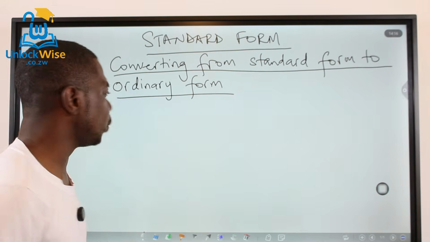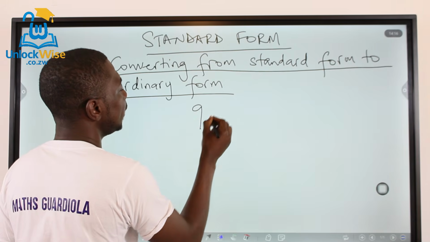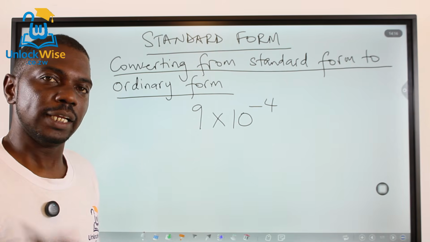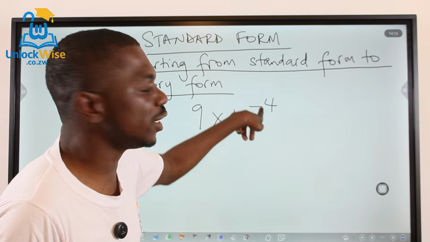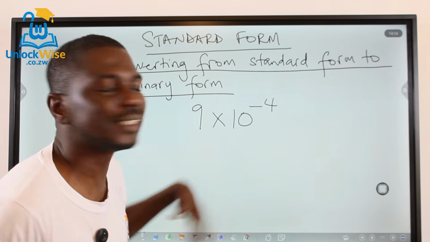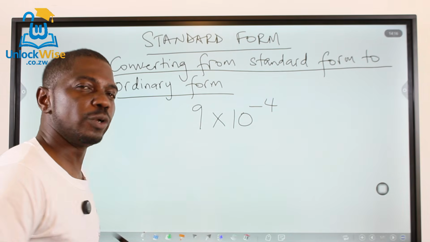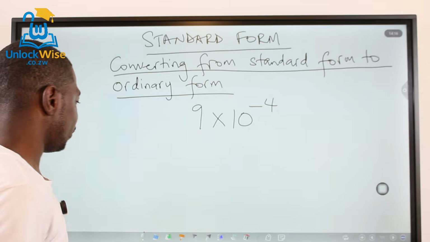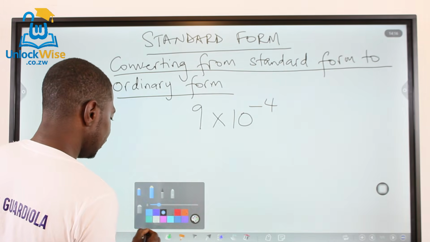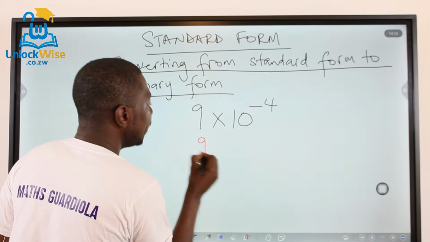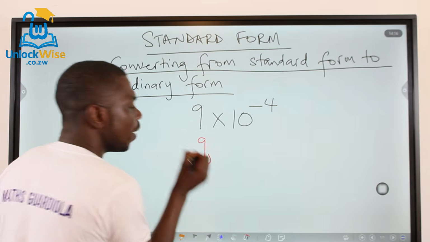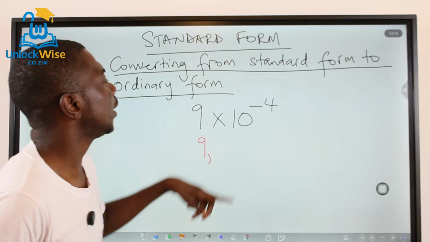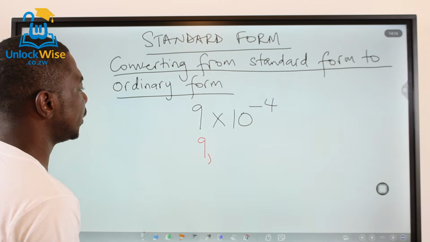Now, let's say we have our number as 9 times 10 to the power negative 4, right? Since we have a negative power, it means that this one is a small number. So when we want to change it from standard form to ordinary form, we will come and write our 9 here, and this means that we have our comma here. And we are going to move 4 times to the negative side.